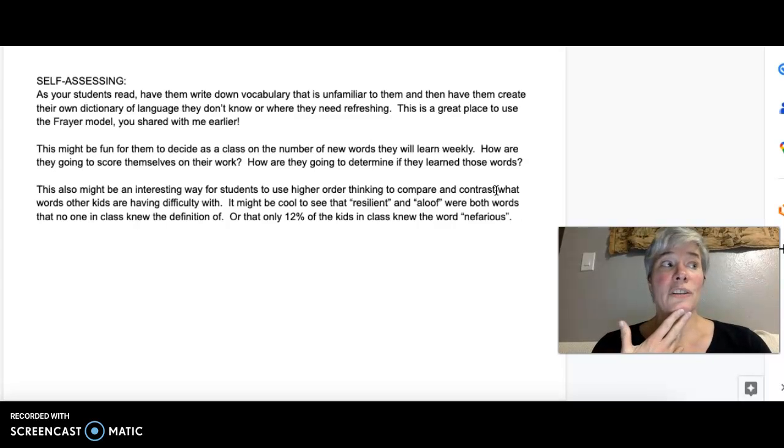Are they going to write some bullet points on a 3x5 card that they took away? Have them think about that, and have them make a decision. And you, of course, can continue to assess how you assess, but I think it would be really helpful if the kids were able to think about their own thinking.